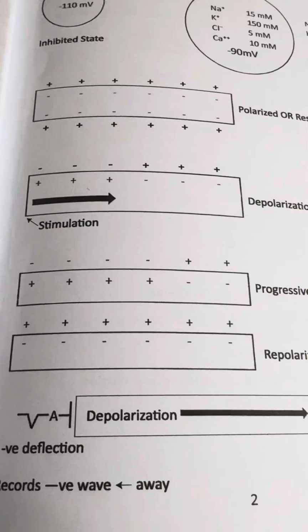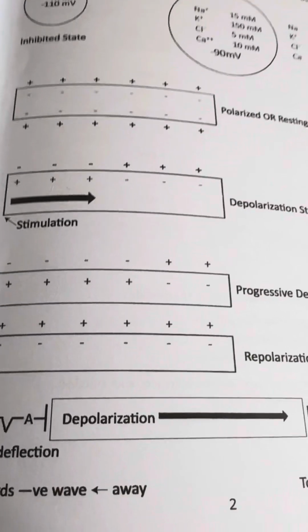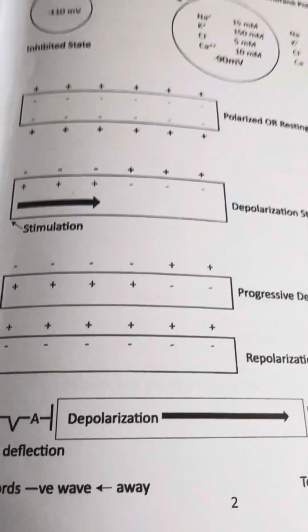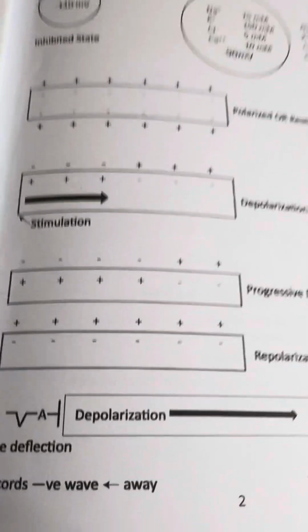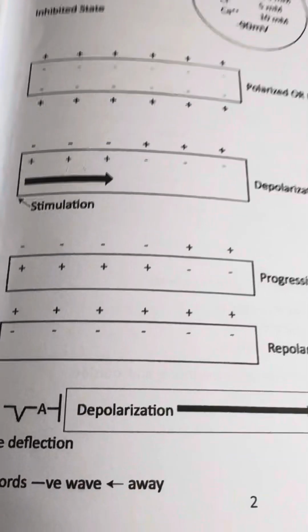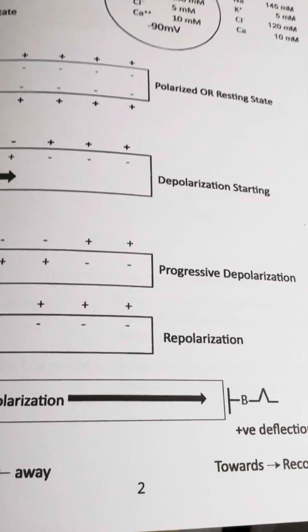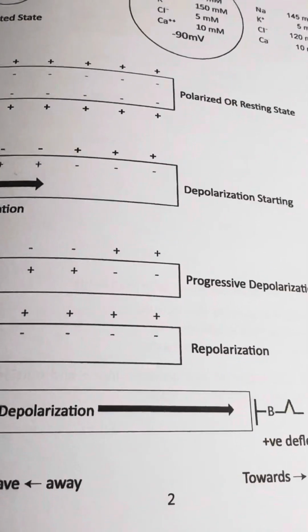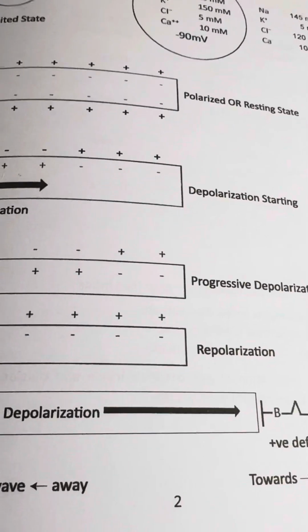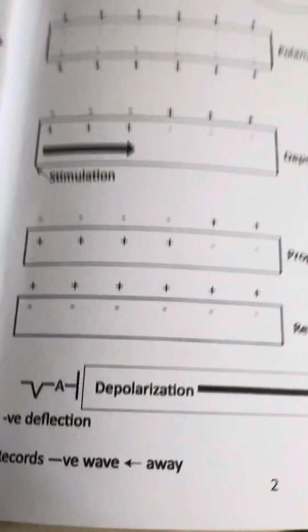So if you record the impulse by electrode A, that will record a negative wave. The wave going away from the electrode will record a negative wave, while the electrode receiving it will result in a positive deflection. So this is the essential thing that I wanted to record first.